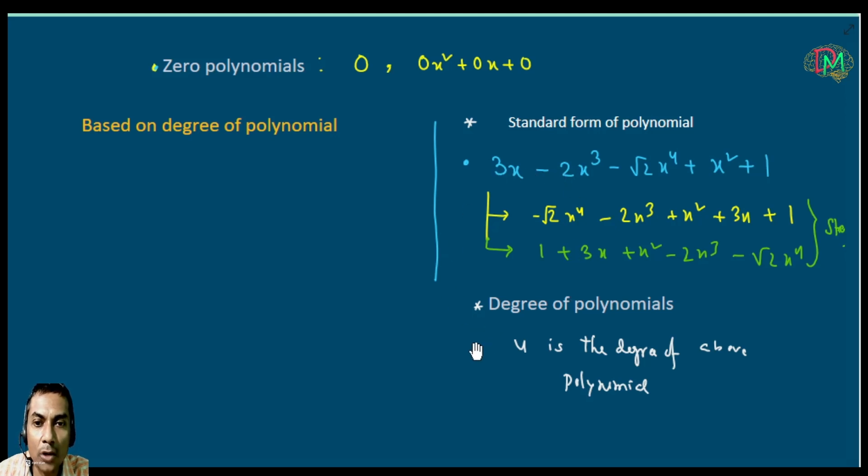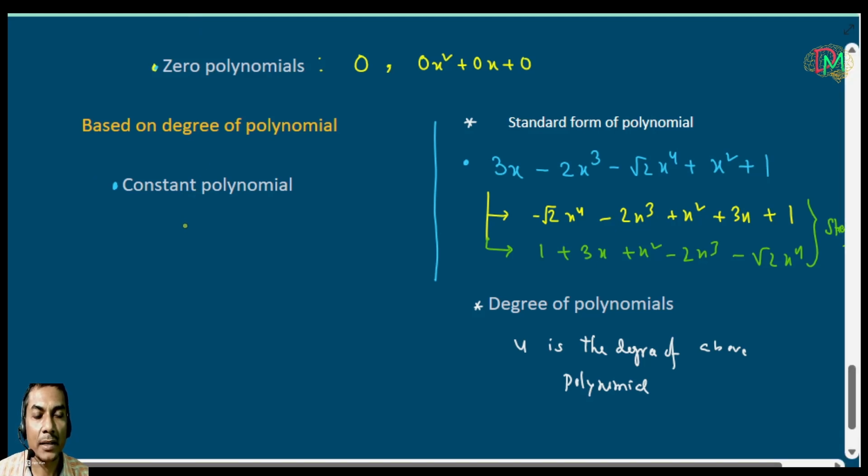Based on this degree of the polynomial, we can classify the polynomial as below. If the degree is 0, then we can say it is a constant polynomial.